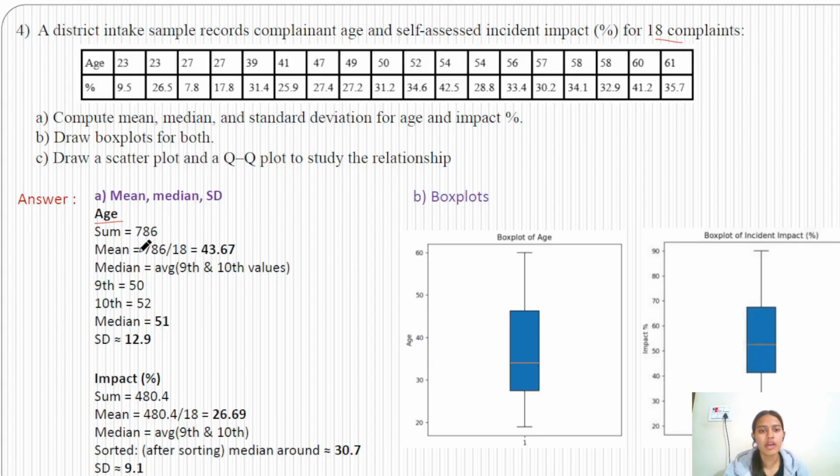For median, since our n is even, we have to take the 9th and 10th values' average, which will be 51, so our median is 51. The standard deviation is also very easy to calculate. It has a formula. This is the formula.